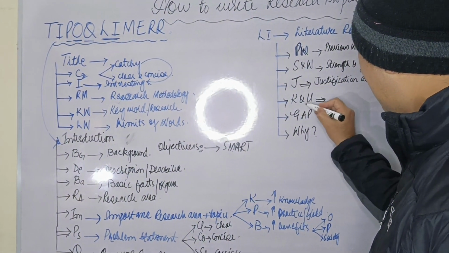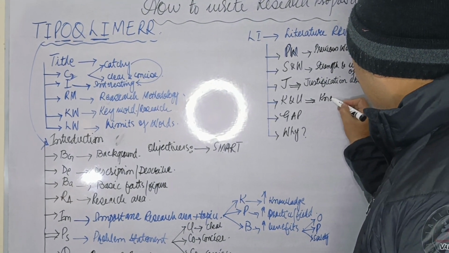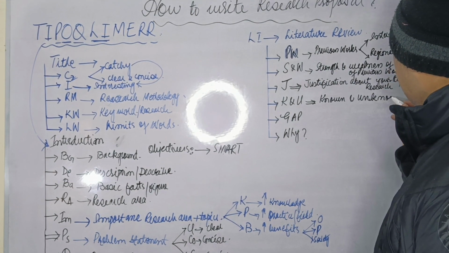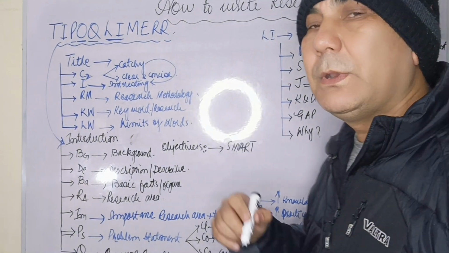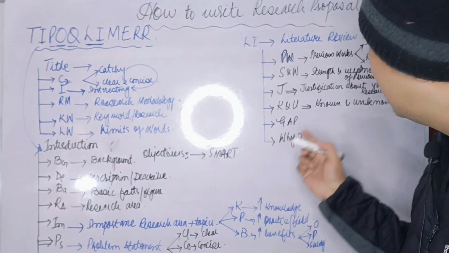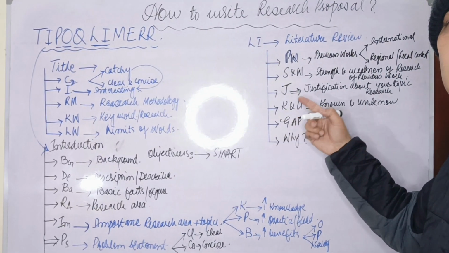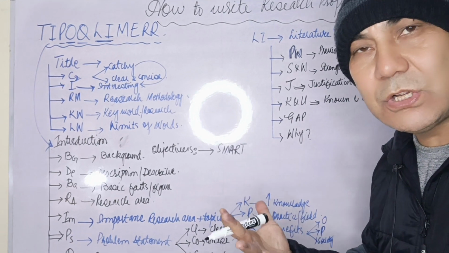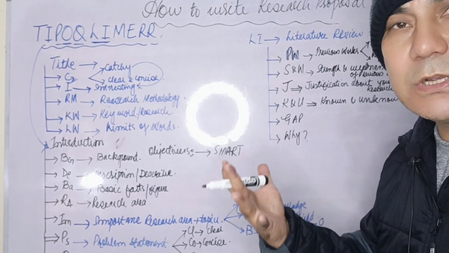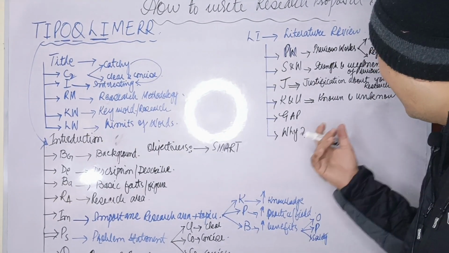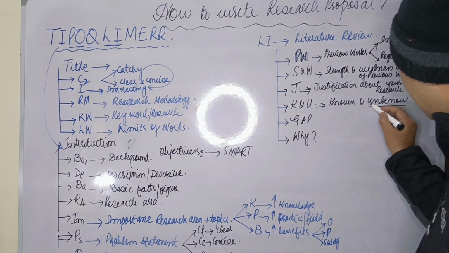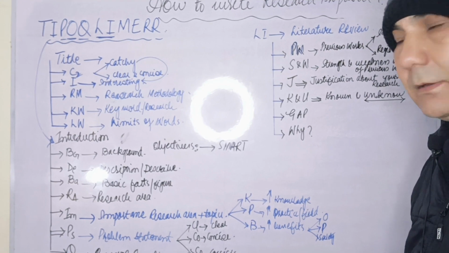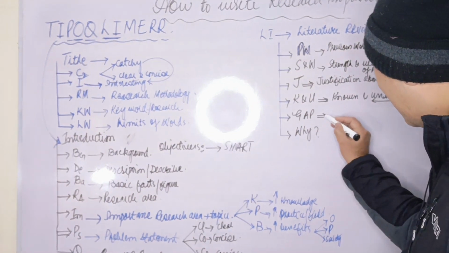And in KN and U, what is known and what remains unknown from the previous work? What the previous researchers found in their research project or thesis, and what remains unknown, which can be addressed in your research topic.